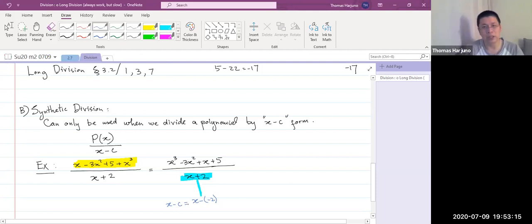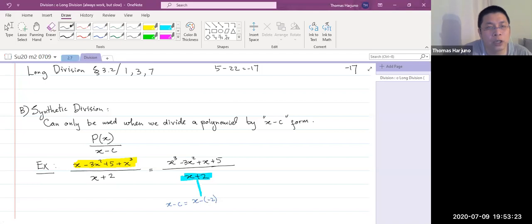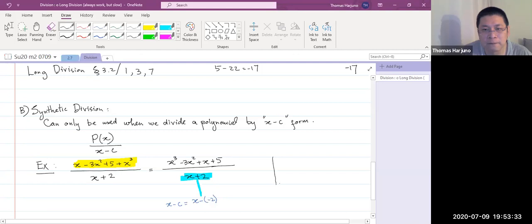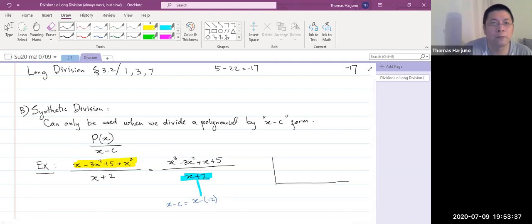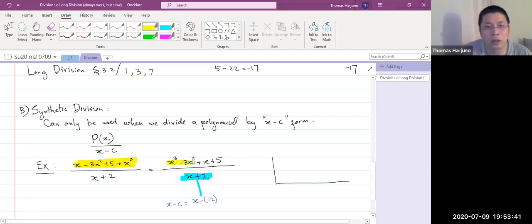Now, how to do the synthetic division? Synthetic division becomes very efficient because what we will do is we basically ignore all the variables first. Now, the way we do synthetic division will be as the following. There will be 3 rows.